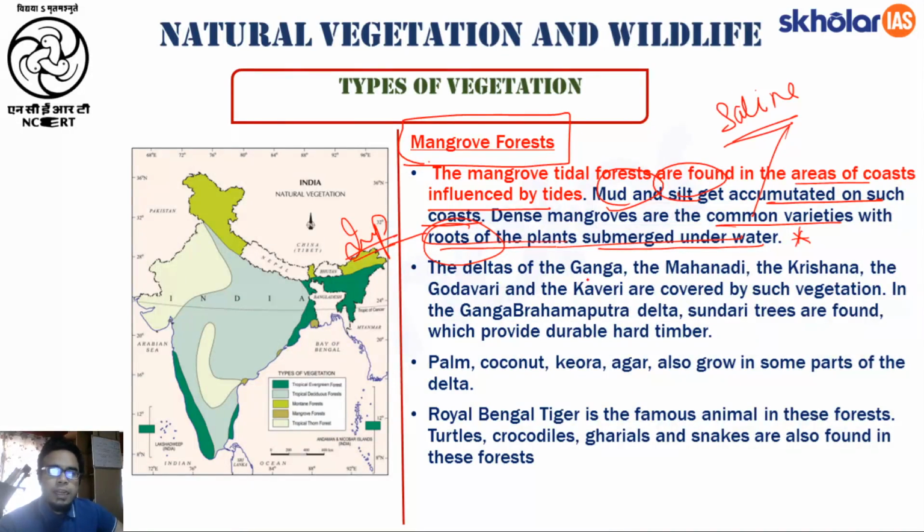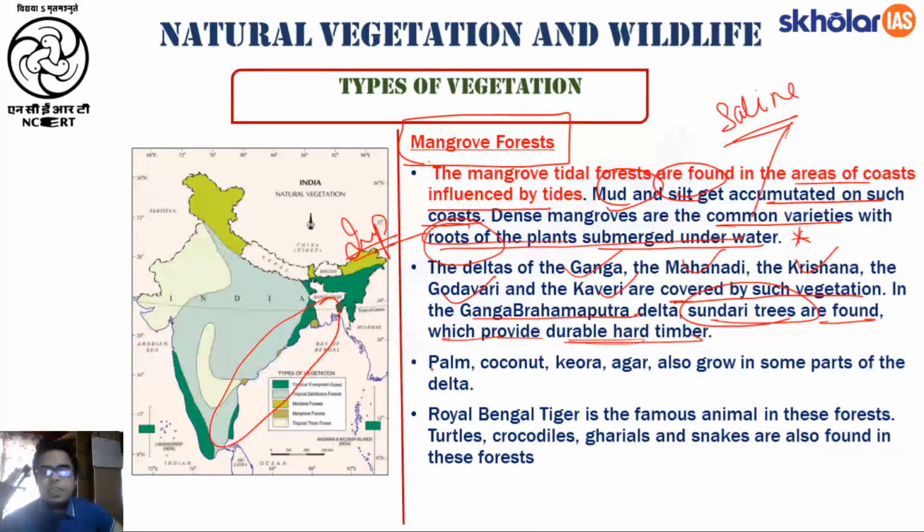Fine. The deltas of Ganga, Mahanadi, Krishna, then Godavari, Kaveri are covered by such vegetation, meaning along the entire eastern coast of India we will see the presence of mangrove forest. Then in the Ganga Brahmaputra delta, Sundari trees are found, which provide durable hard timber, and it is from this Sundari tree we get the name of the Sundarbans delta, which was mentioned again in one of the previous classes.